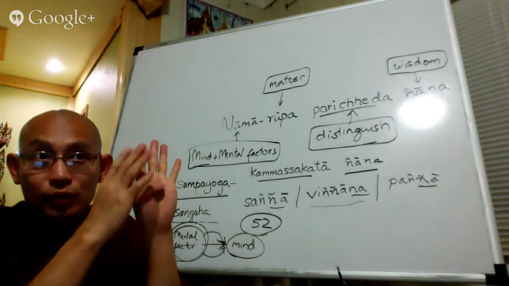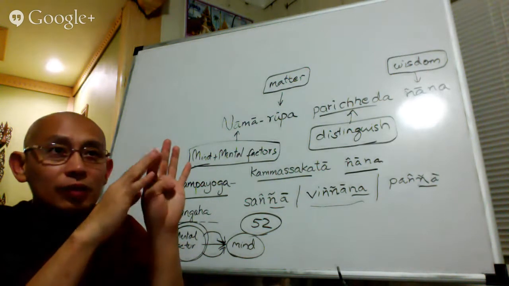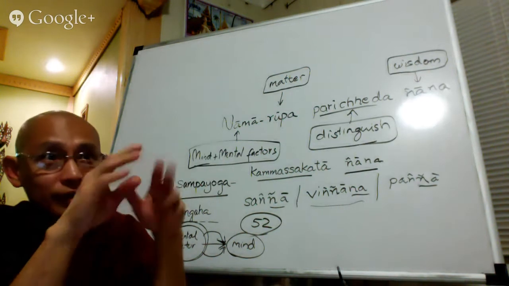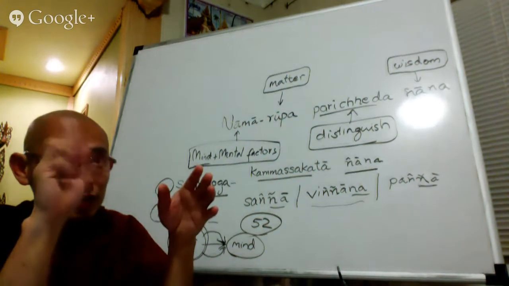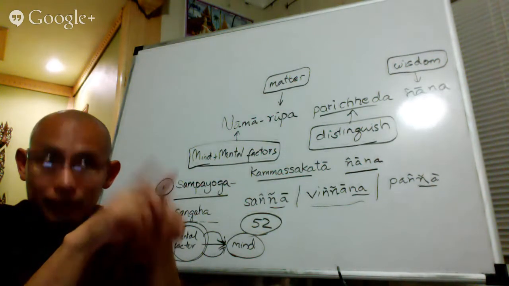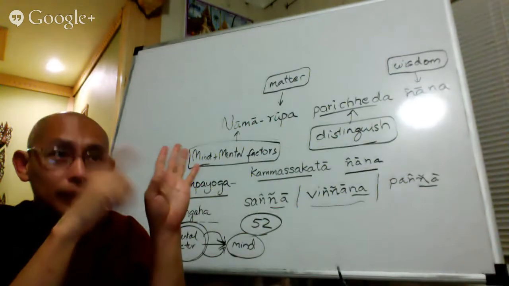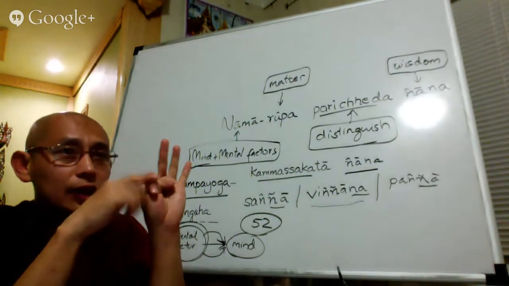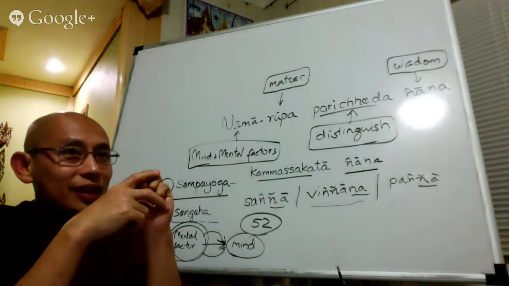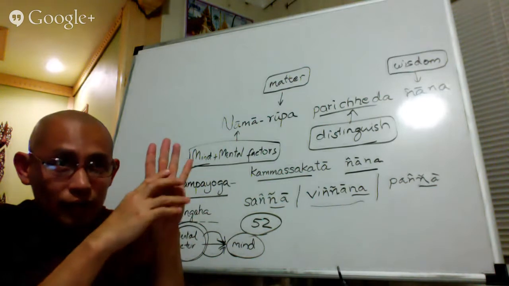Four noble levels. At the Sotapanna level, we can have jhanas up to the 5th jhana level: first jhana, second jhana, third jhana, fourth jhana, 5th jhana. So the Sotapanna stage has only 1 first jhana.